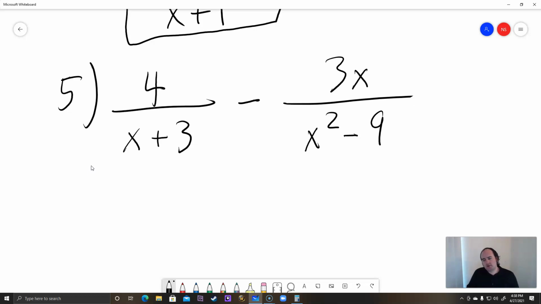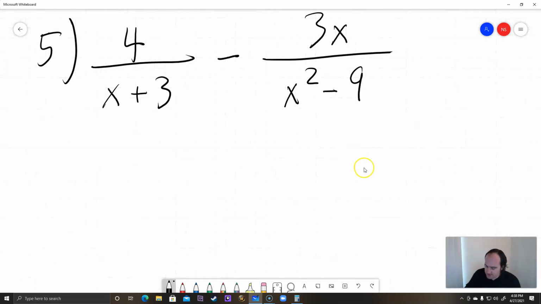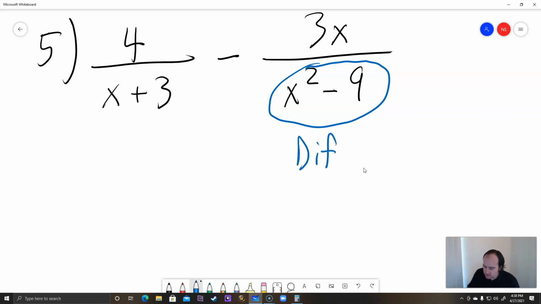So like I said, the trick with these is when you have a complicated denominator, like this x squared minus 9 on the bottom right, the first thing you need to do is factor. Okay, so if we factor this x squared minus 9, that's the same as x squared minus 3 squared. So that's going to factor using the difference of squares.